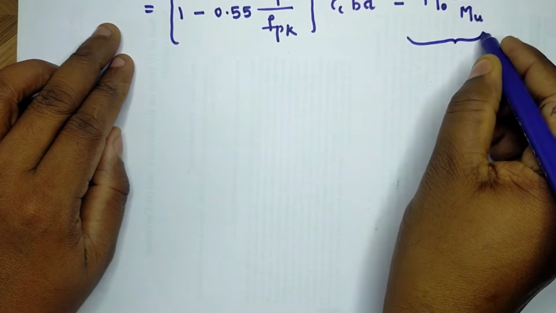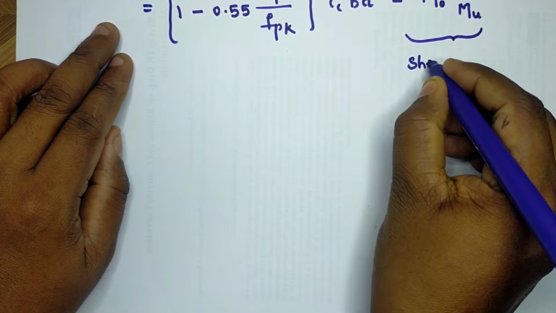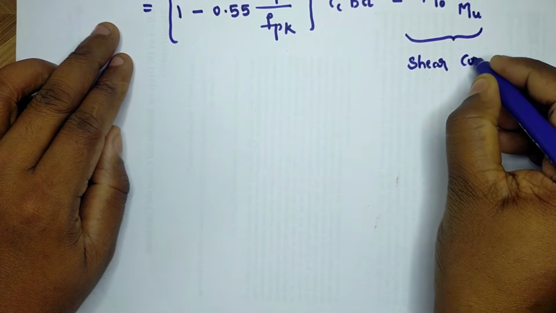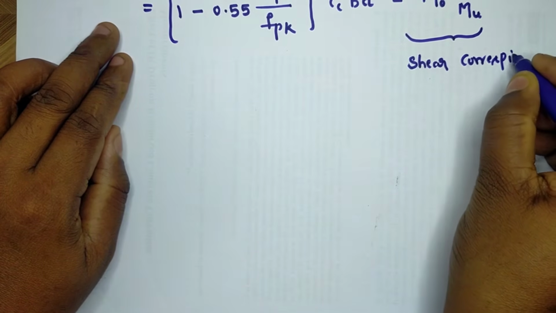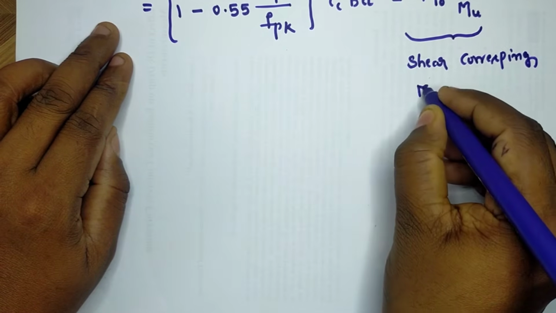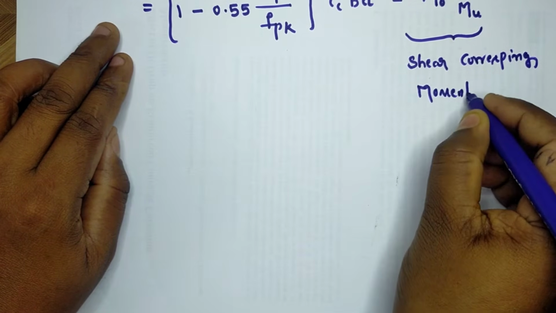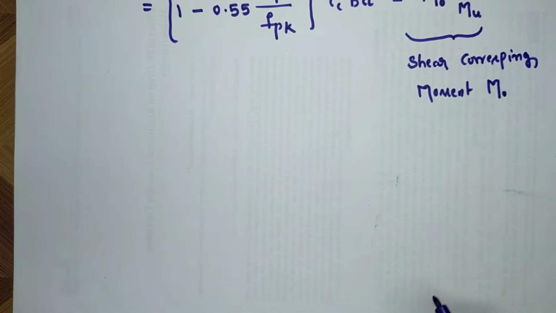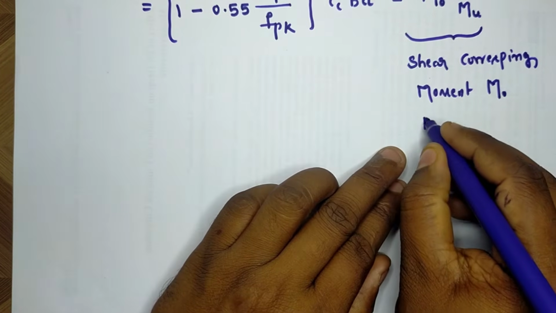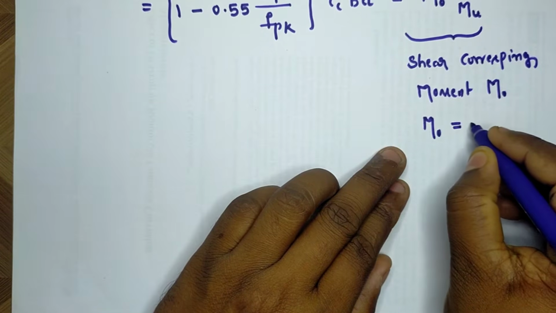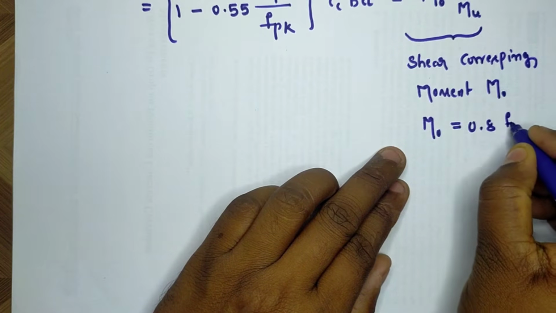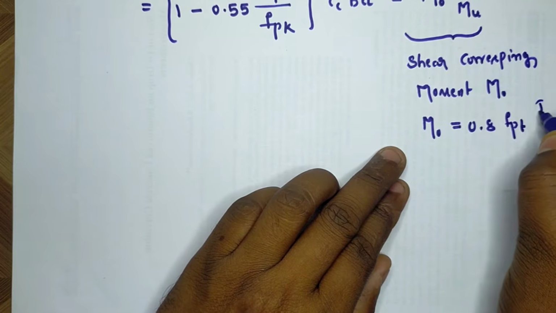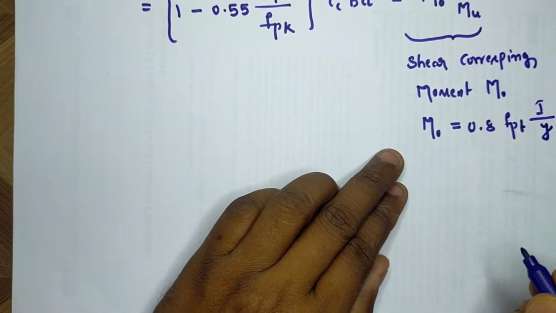This last term is the shear corresponding to moment M naught. There is a formula for this one: M naught is equal to 0.8 fpt I by y.